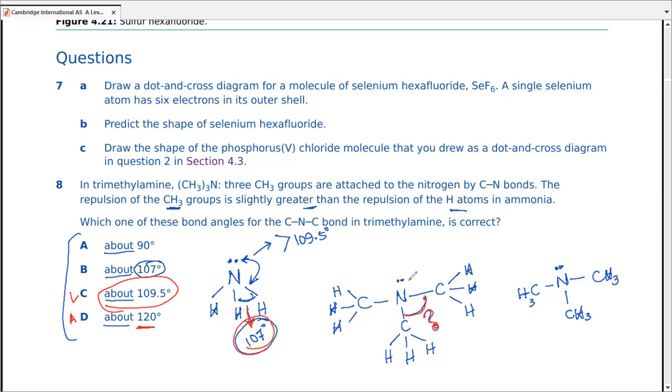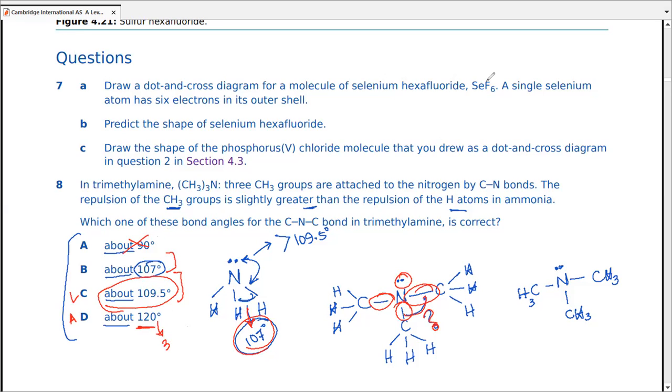Since there are 4 pairs around the central atom, 1, 2, 3, 4, either it's about this one or it's about this one. Since 4 pairs are never flat, this won't be right. This may happen in more than 4 pairs, but not in 4. And this one is for 3 pairs, right? Yes, sir. Good, good.